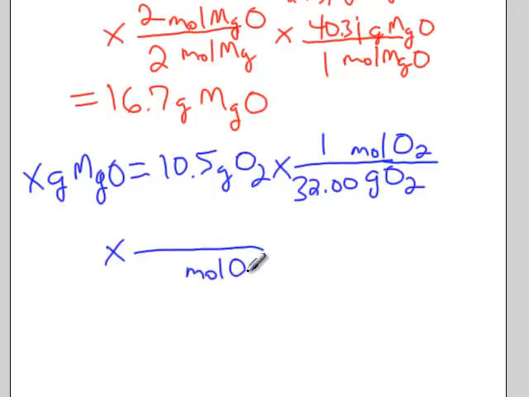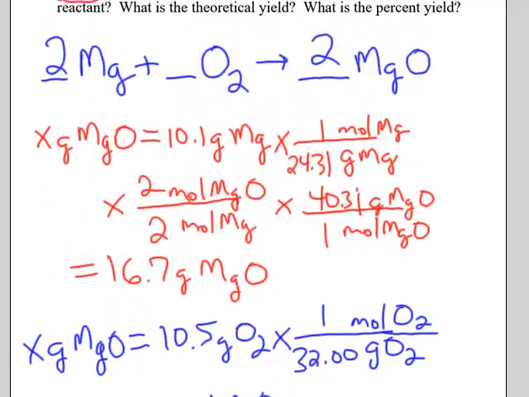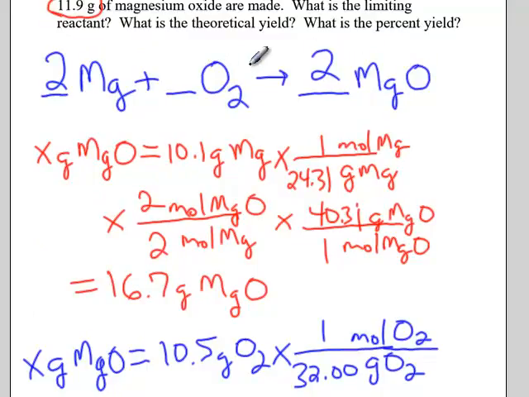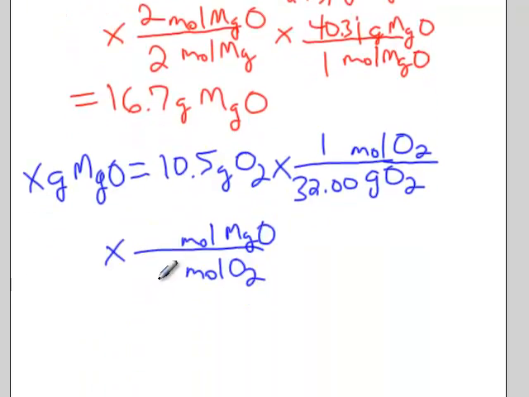Then moles of oxygen can be turned into moles of magnesium oxide using the balanced chemical equation, and this is a 1 to 2 ratio. Always write not just moles, write down moles of what the chemical is, because it's very easy to get the 1 to 2 ratio in the wrong order.